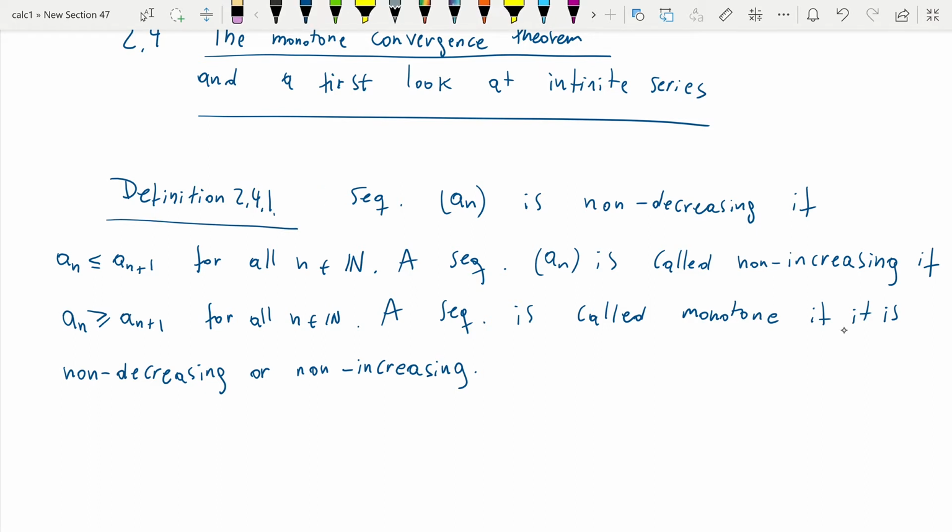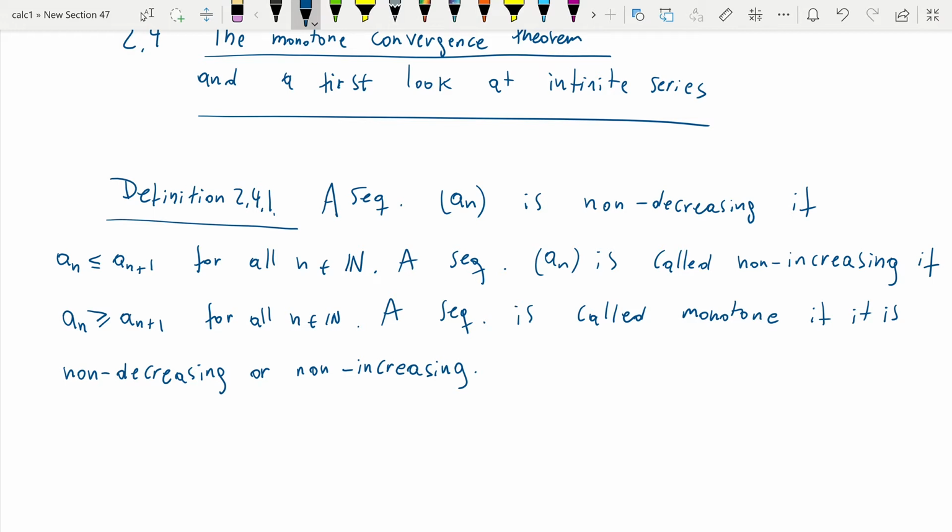So this is what a monotone sequence is: a sequence that either never goes down or never goes up.